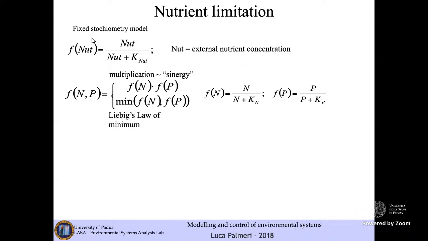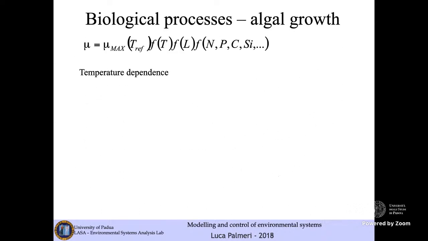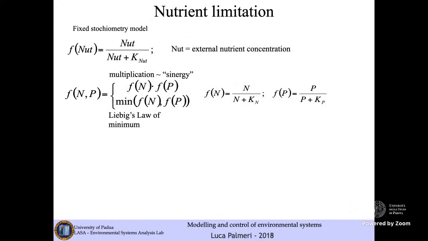But what if we realize that there is more than one limiting nutrient for my algal pool? In general, the first thing we do is multiply the limiting functions, as we have done here. Here we are simply multiplying different limiting functions. This is an effect that tries to describe the synergetic effect of multiple limiting processes.